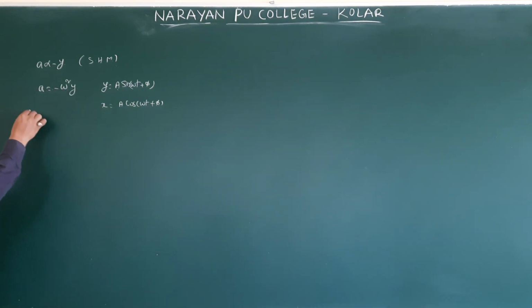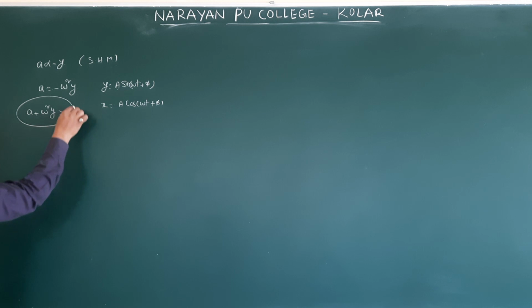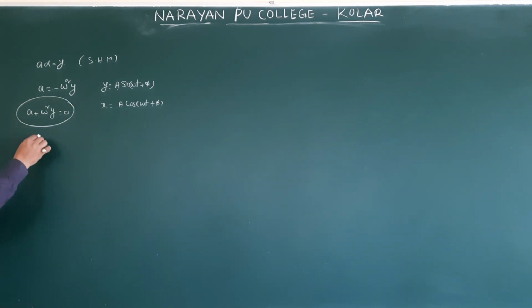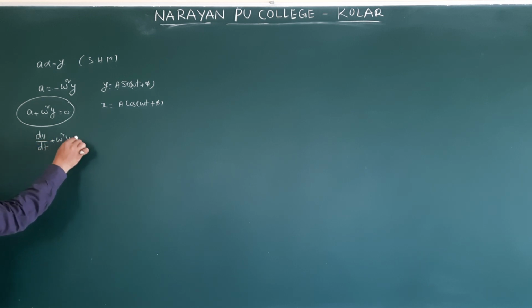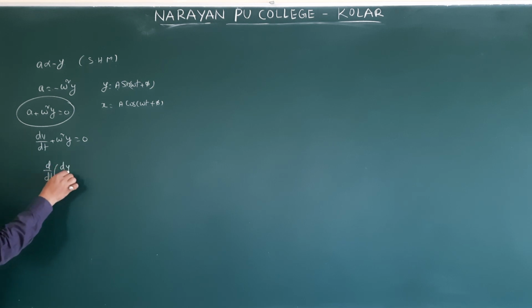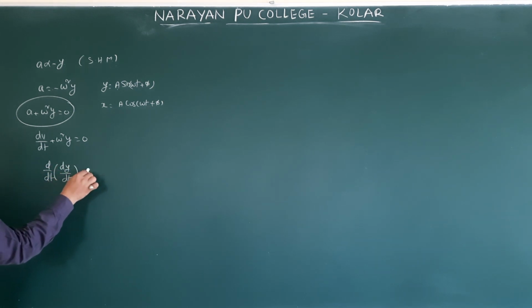If you bring this to this side, a plus omega square y is equal to 0. How will we write acceleration? Acceleration is nothing but rate of change of velocity. What is velocity? Rate of change of displacement, dy by dt.